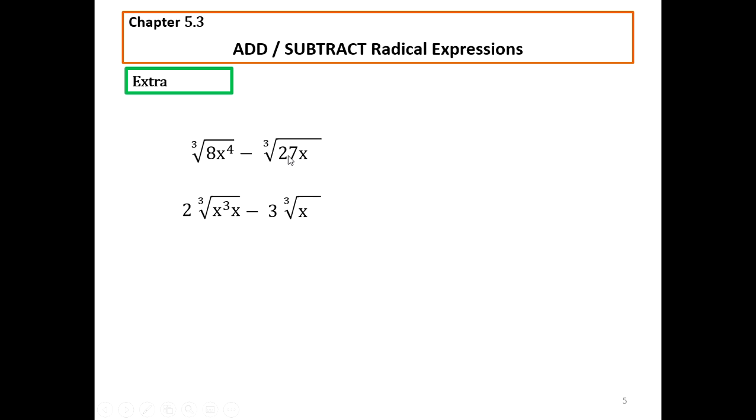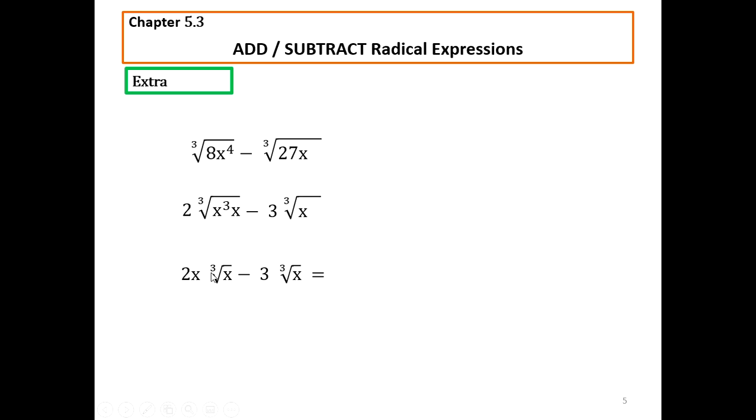The cube root of 27 is 3, and we have the cube root of x left. Not quite there yet, but we're close. We have the index 3 divided into the exponent of 3, and that brings the x out, x outside, cube root of x here, minus 3 cube root of x.